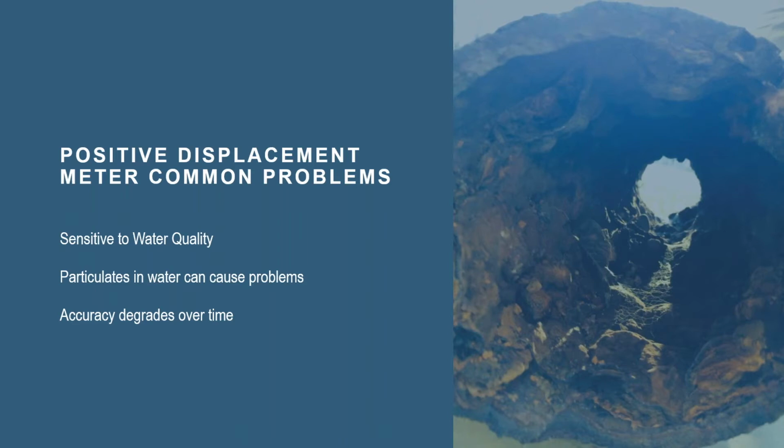Iron, manganese, things of that nature are also prevalent in our water systems today. And pretty much what you need to know about positive displacement meters is, because it's a fixed volume inside of that meter, particulates can deposit within the meter and can cause that meter to read inaccurately. So as deposition occurs in the meters, the accuracy of those meters can degrade over time.